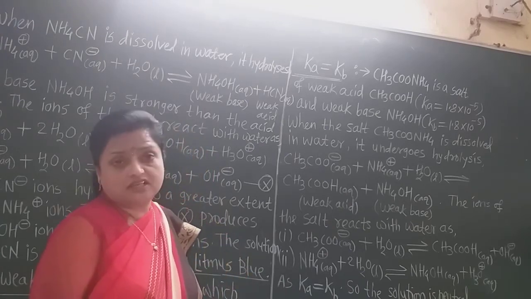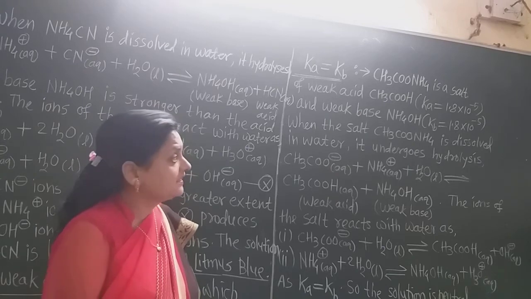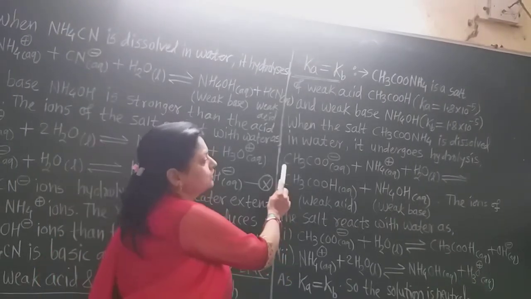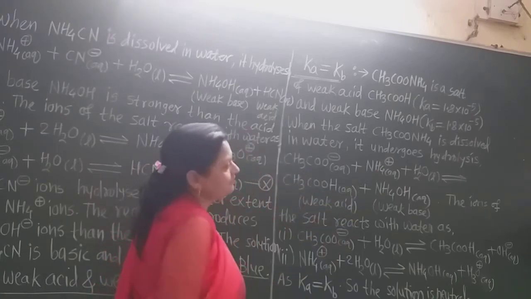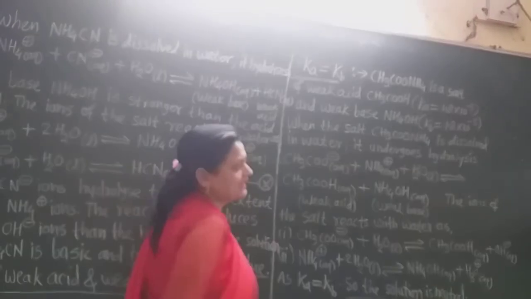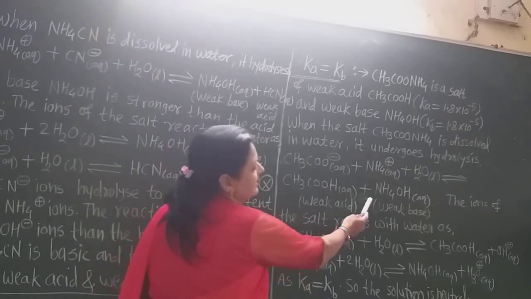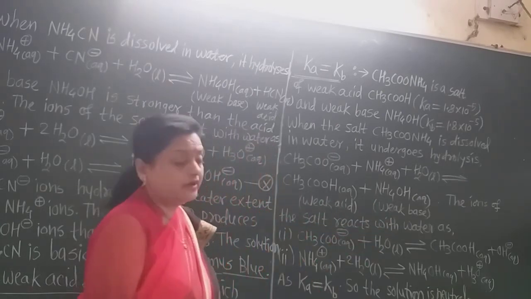When such a salt like ammonium acetate is dissolved in water, it undergoes hydrolysis, as the acetate ion is hydrolyzed and these NH4+ ions are also hydrolyzed, and there is formation of the weak acid, acetic acid, and the weak base, ammonium hydroxide.